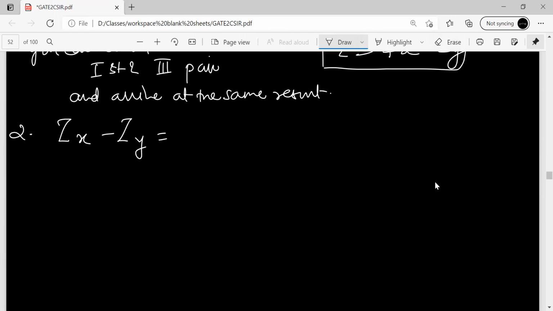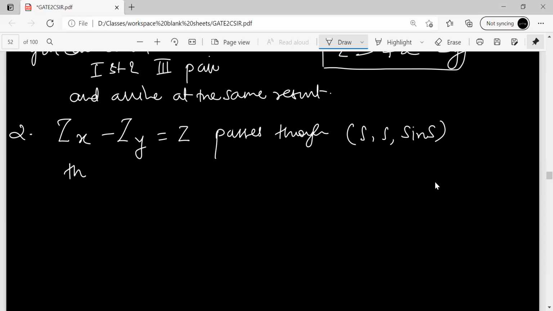Zy equals z. It passes through (s, sin s).